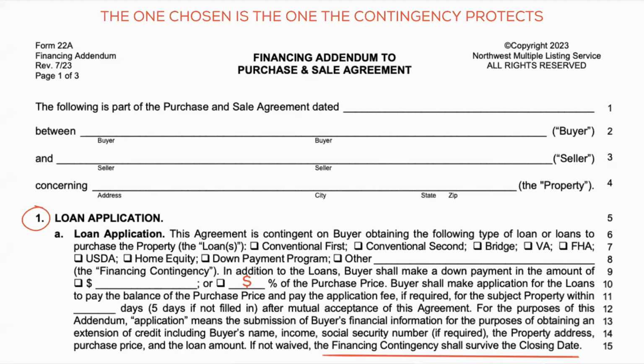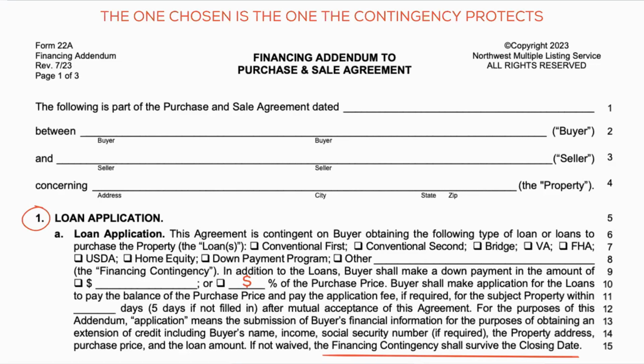Once they have applied for this type of loan they've committed to, and the down payment they've committed to, this financing contingency will survive if they have met all of those requirements. It will survive until it is waived or until it closes. Now, within these first 5 days, it gives the buyer an opportunity to make this application.